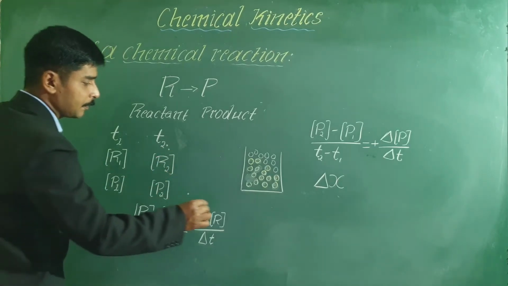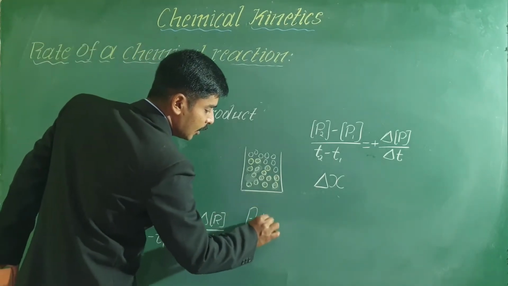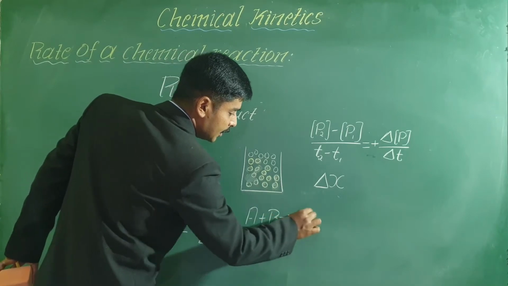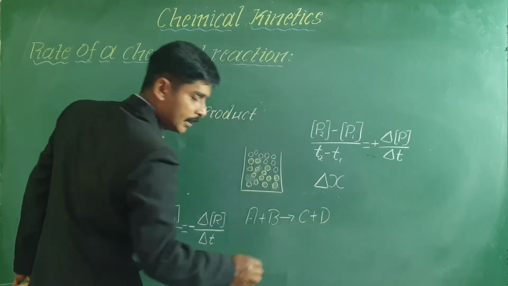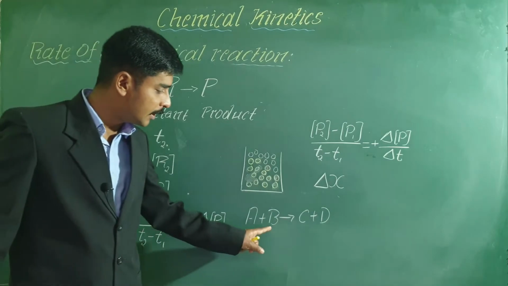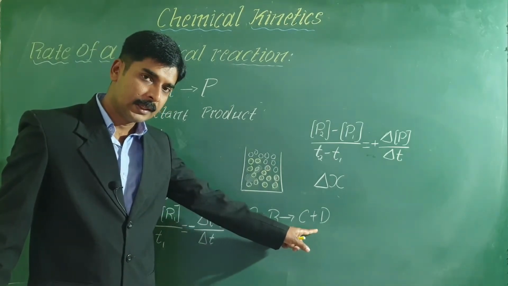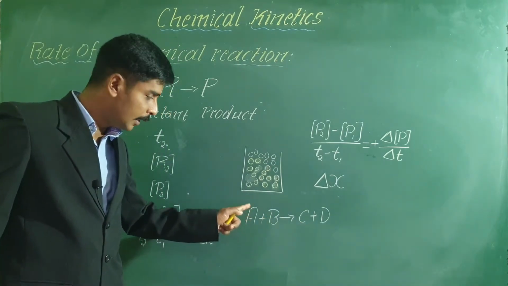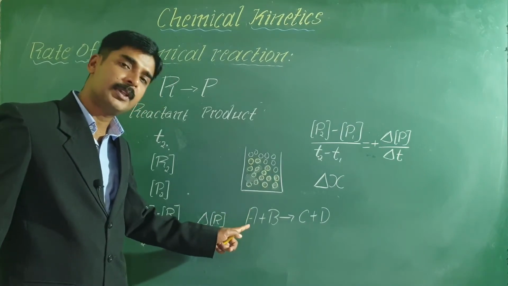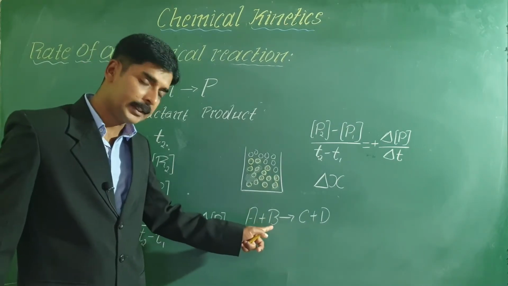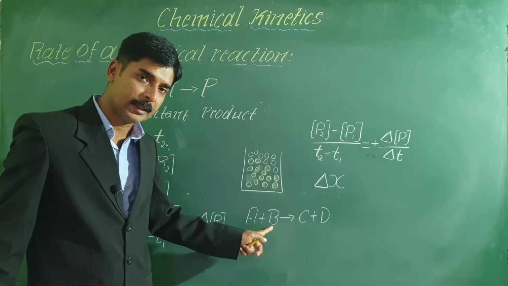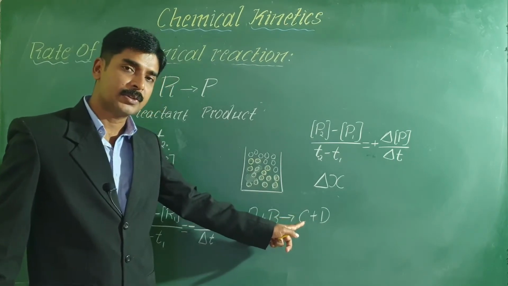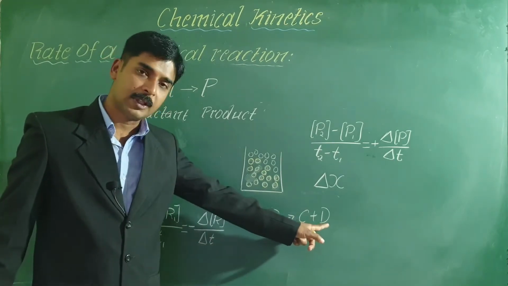For example, if we have a reaction of the type A plus B gives C plus D, then you can measure the rate of this reaction either by taking the change in concentration of the reactant A, or the reactant B, or the product C, or with respect to D.